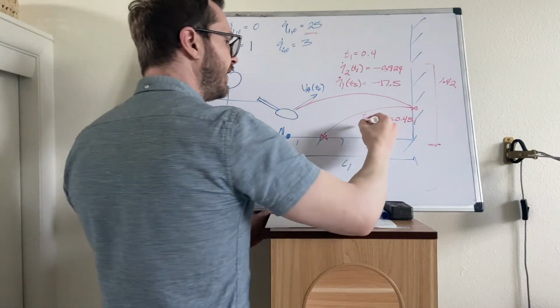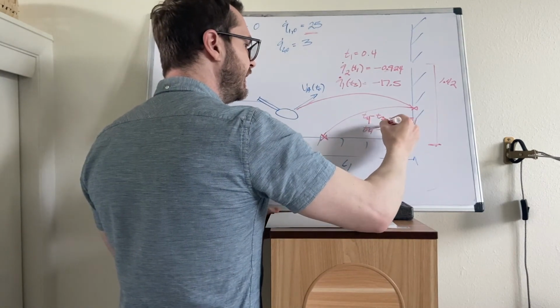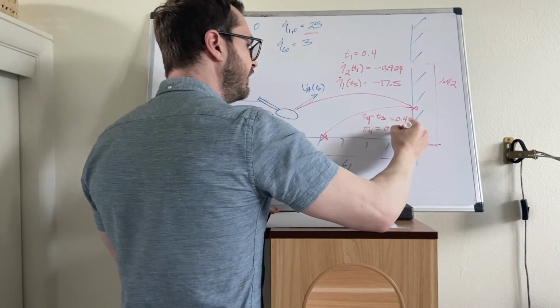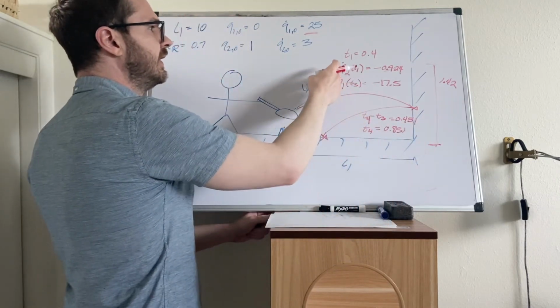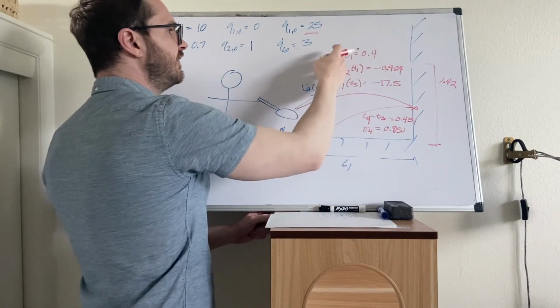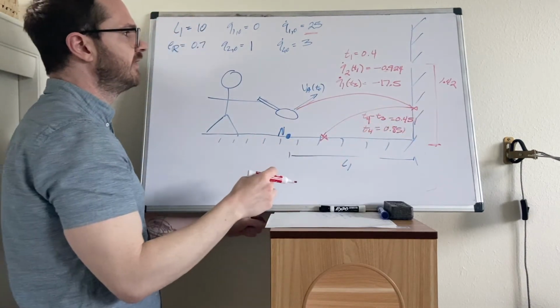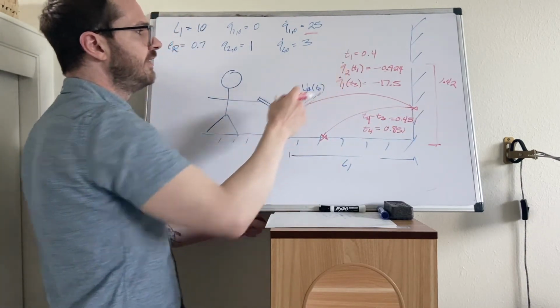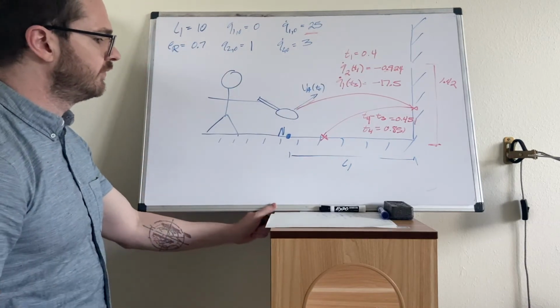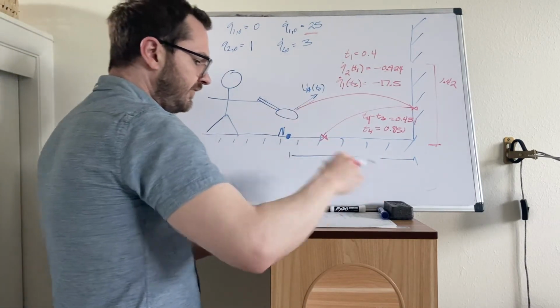So the actual value of T4 then is 0.851, right? That's actually the value of T1, but again, we're using impulses and we're saying that the window between T1 and T3 is very small. So we get this.